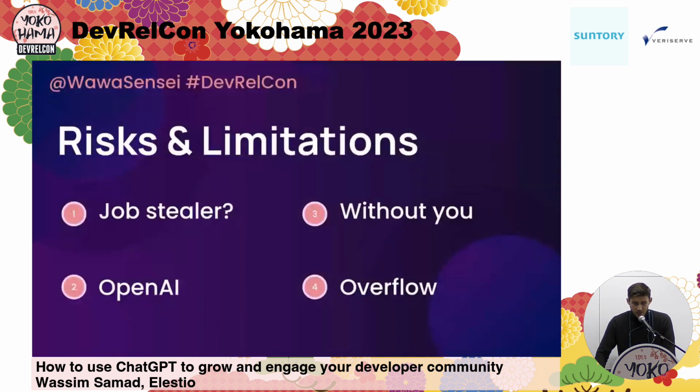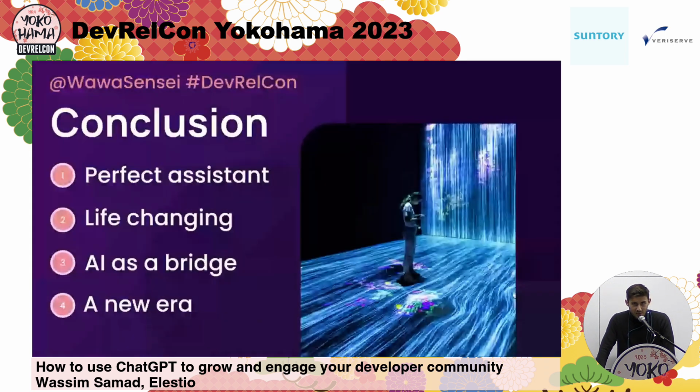To summarize a bit, I think it's a perfect assistant because it helps us do some tasks that are not high value if you do them, but the AI will do them perfectly and with high quality.